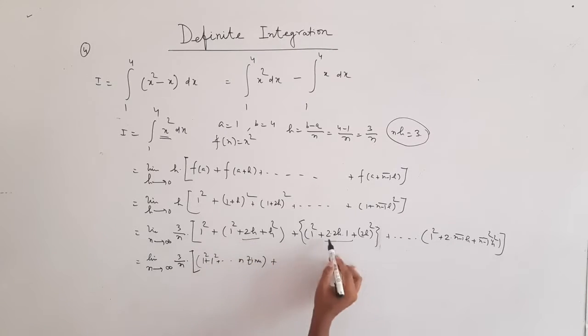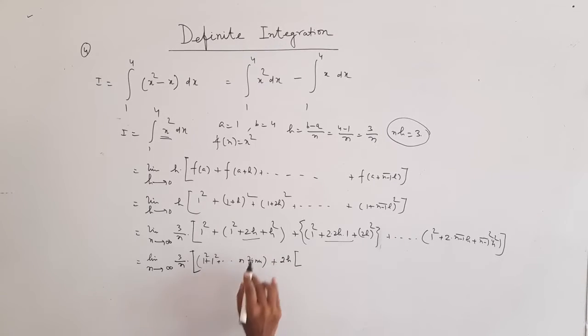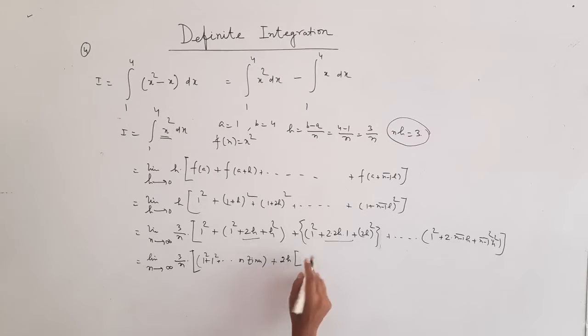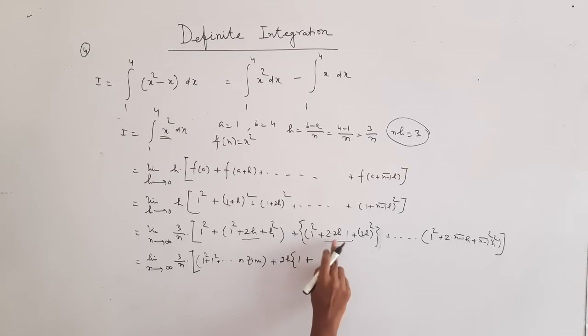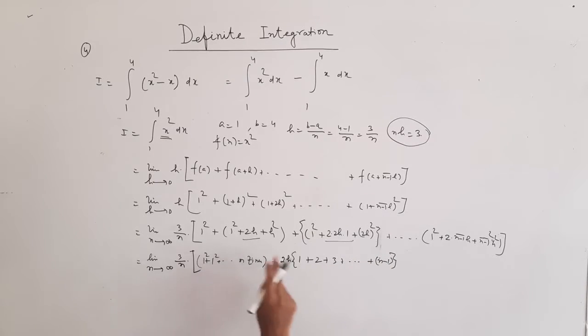Now you see 2h, 2 is everywhere, so you just take 2h common. Then what I get here is 1 plus 2 plus 3 plus dot dot dot, and the final one will be n minus 1. This is done.